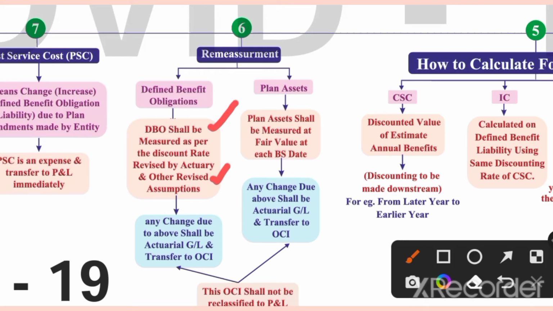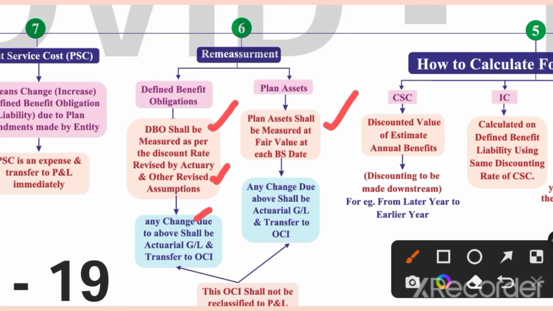So any change due to the above shall be actuarial gain or loss and transferred to the OCI. The actuarial gain or loss has to go to the other comprehensive income only. Now if we thought an employee would work 10 years, but he works only 5 years, it will be an actuarial gain only, and it has to go to the OCI. We have to transfer to the OCI.